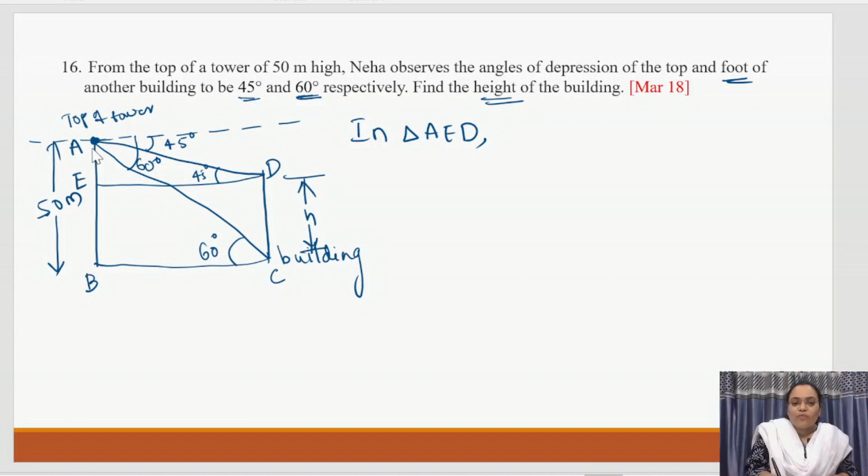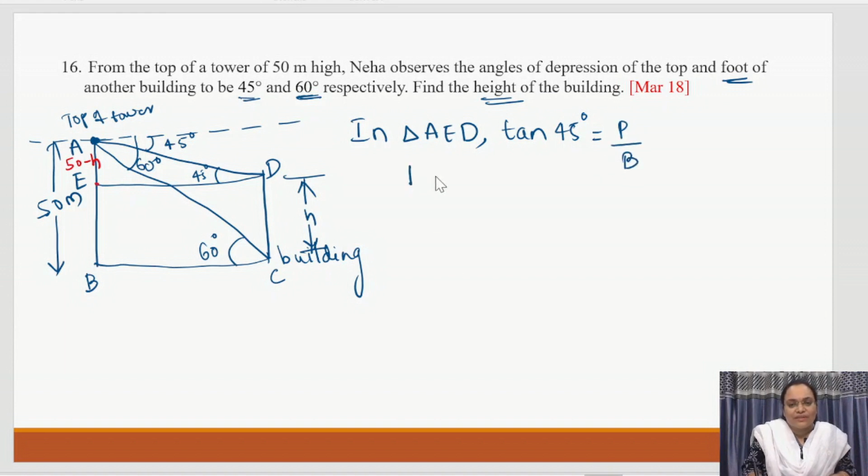If I want only AE, this will be 50 minus h. So in triangle AED, I can take tan 45 degrees is equal to perpendicular by base.